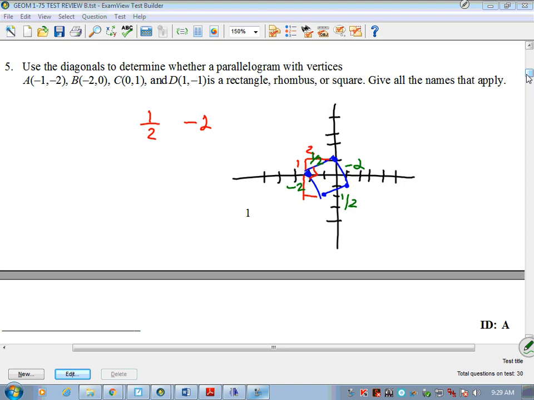Because opposite sides are parallel to each other, correct? Okay? And we notice that these are perpendicular as they go across, right? Okay, but all I've proven right now is that this is a rectangle. Okay, now, so we could say, hey, I know that this is a rectangle because all 4 angles are right angles. Okay, next thing would be whether or not it's a rhombus.